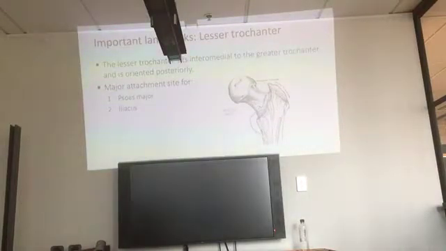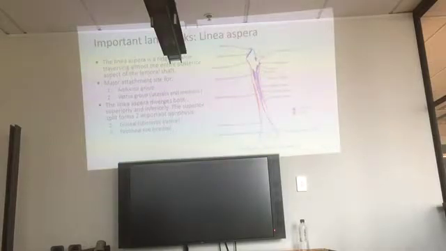That's the trochanter. That's where your hip flexors go. Iliopsoas, right? Linea aspera, again, hugely important landmark. There's all sorts of stuff that starts on or ends on the linea aspera, which is this ridge of bone that you find on the posterior aspect of your femur.